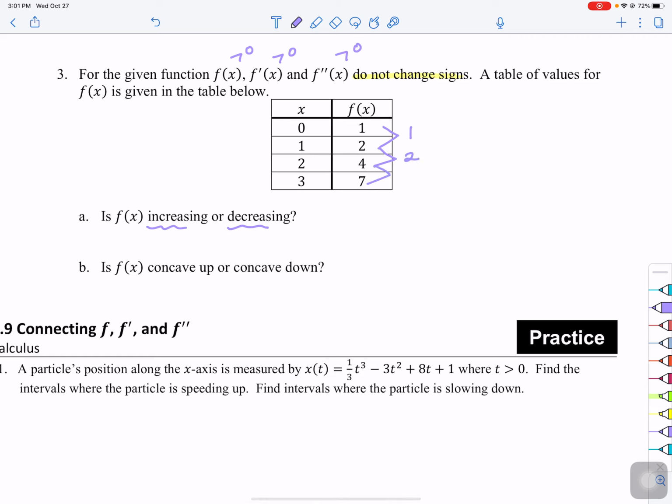And the slope between these 2 points, (7 - 4)/(3 - 2), is going to be 3. So as you can see, f(x) is increasing since f'(x) is positive. So all of those derivatives are positive.